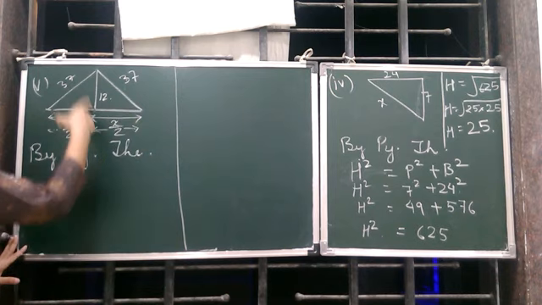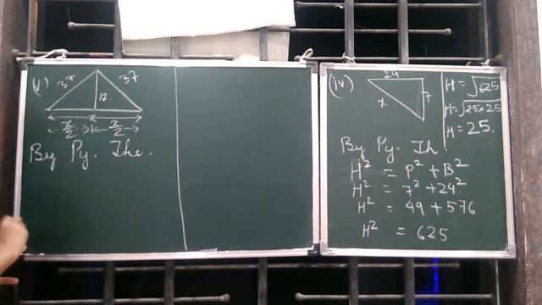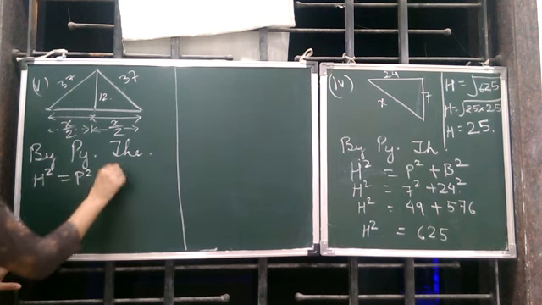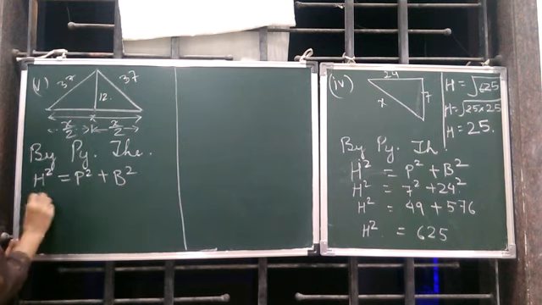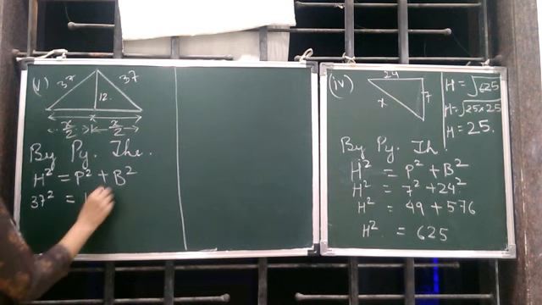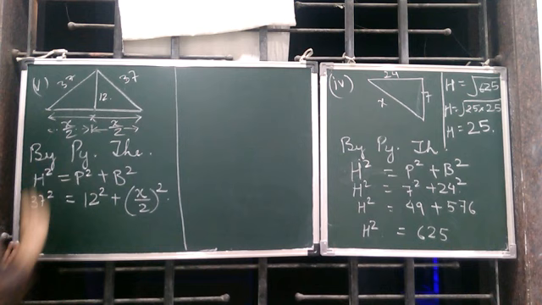एक ही ट्रायंगल का निकाल लेंगे तो उसमें हमको x/2 मिल जाएगा, तो x/2 से हम x फाइंड आउट कर लेंगे. ओके, what to do, h square is equal to p square plus b square. What is h square? 37 का square. Here we know the h, we know p, we don't know x by 2 का square.